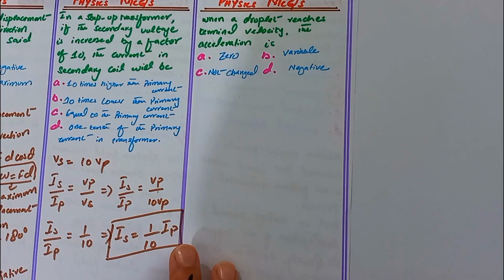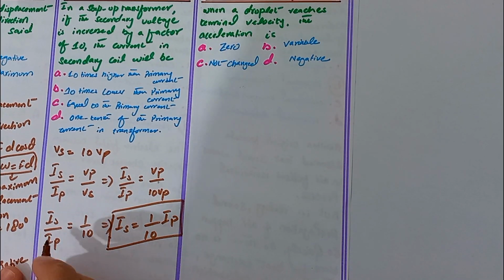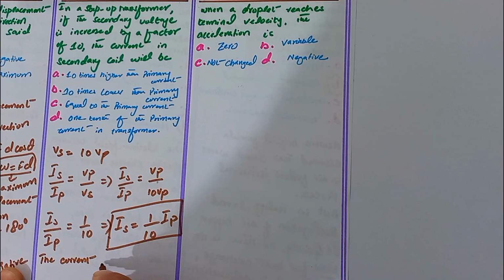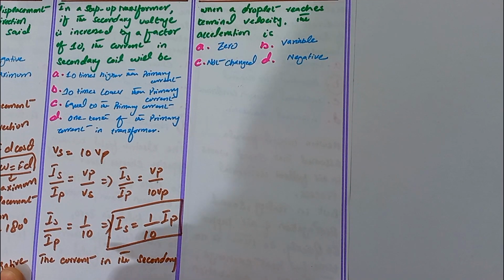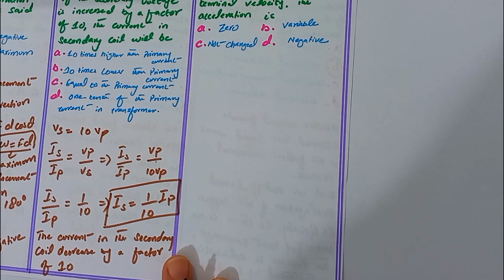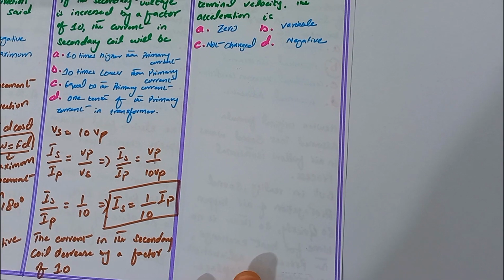So here we write that the current in the secondary coil decreases by a factor of 10 when we increase the secondary voltage by 10.